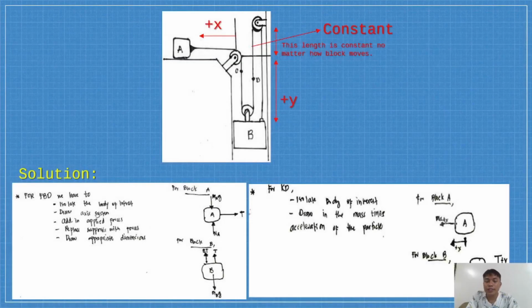So, now, let us define the constraint equation. Makikita nyo dito na yung constraint equation natin is XA plus 3YB plus constant is equal to the total length. So, differentiate the constraint equation in relation to the velocity and acceleration.